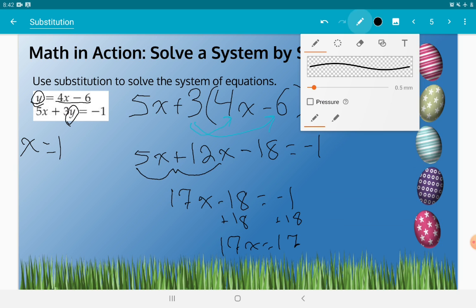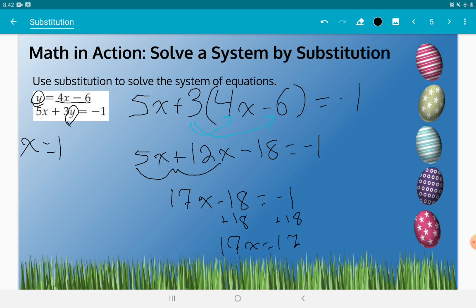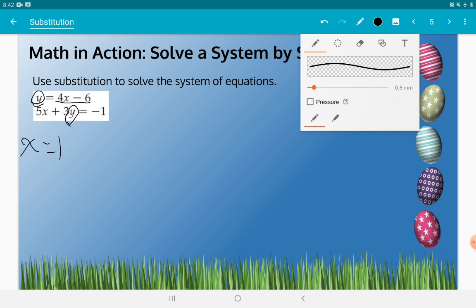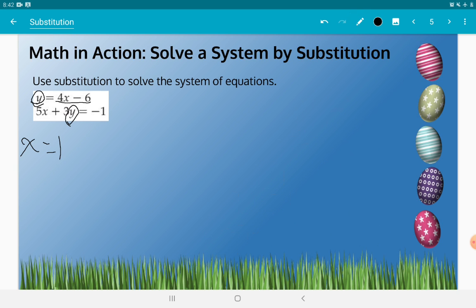So now that I know that x equals 1, my second step is to figure out what y equals. So I'm going to take either equation. I personally am just going to keep choosing the first one and substitute it back in. So now I've got y equals 4 times, then I'm substituting in 1 for x since they're the same thing, and subtracting 6.